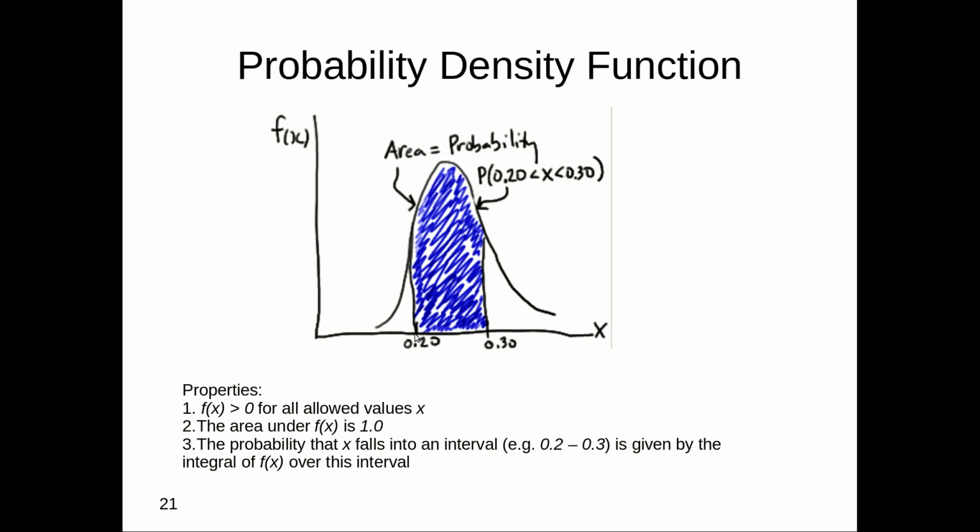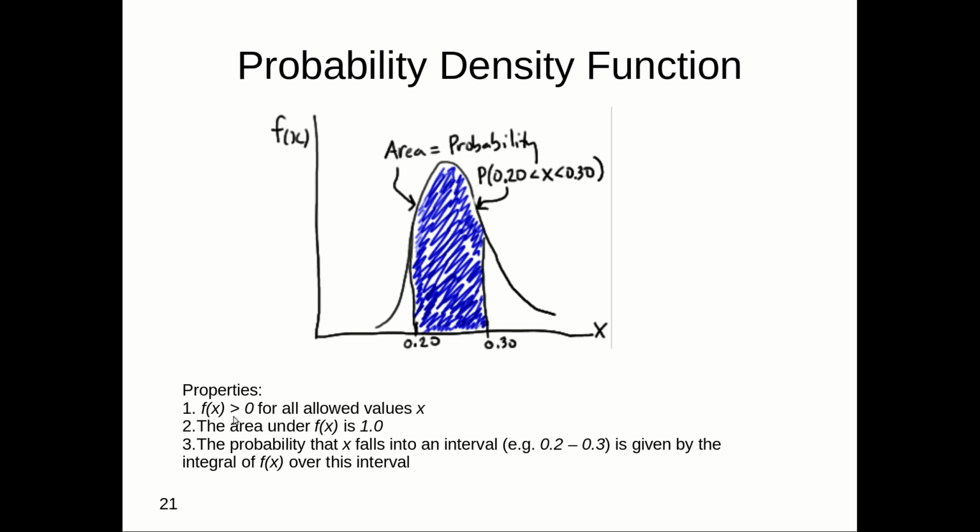And so the actual probability that this parameter x falls between 0.2 and 0.3 in this example is the area, the integral over the probability density function. So if I ask the question, how probable is it that x falls in the range between 0.2 and 0.3, I actually need to calculate the integral over the probability density function.